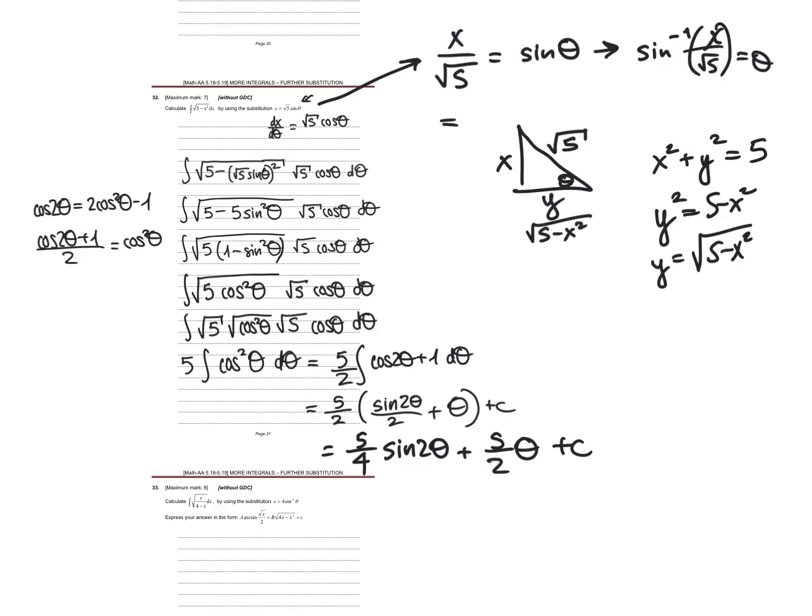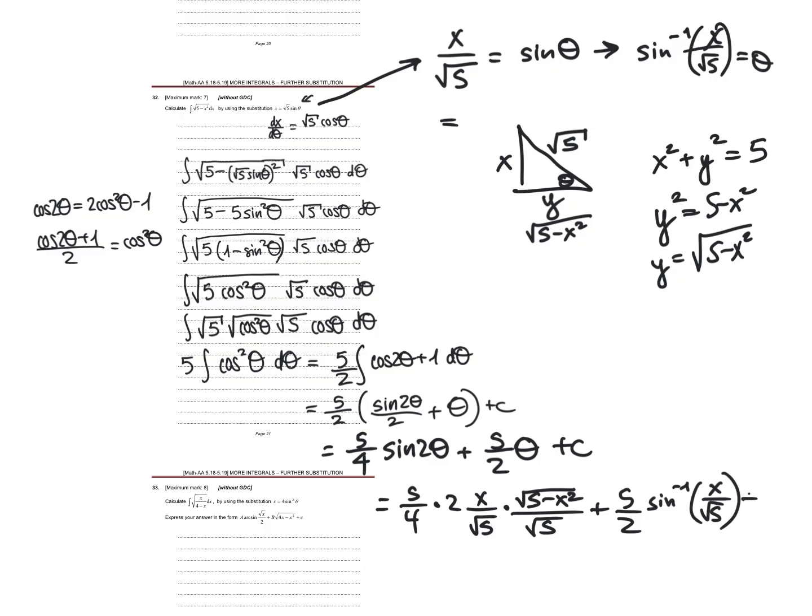And we know sine 2 theta is 2 sine theta, which is x over root 5, cosine theta, which is going to be adjacent over hypotenuse. So that's that. 5 over 2 theta, which is sine inverse of x over root 5 plus c.